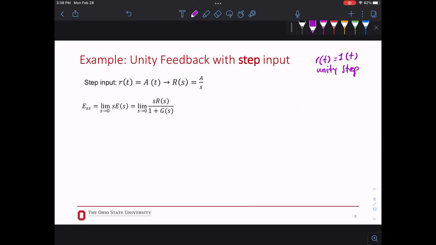But here I'm using A, so it has a gain. So if I plotted this in time, it would be A. So that's generally what it would look like. In time domain it is A times 1(t), in s domain it would be A over s. Why? Because the unit step in s domain is going to be 1 over s.